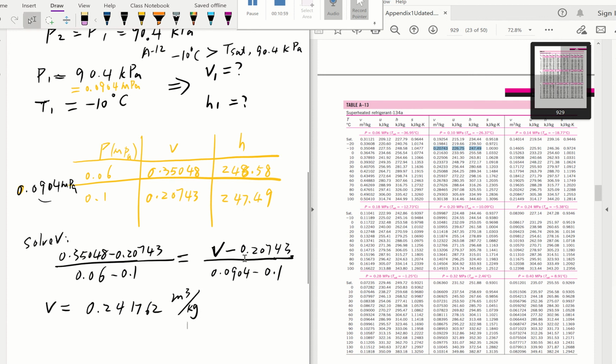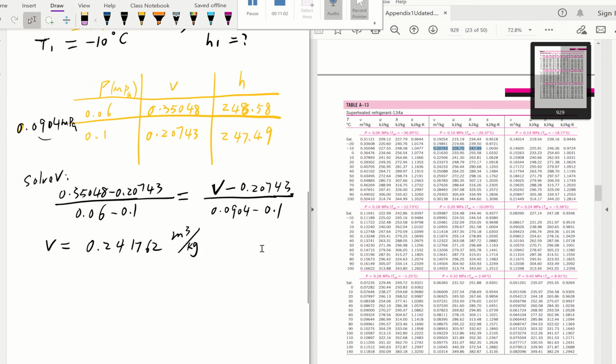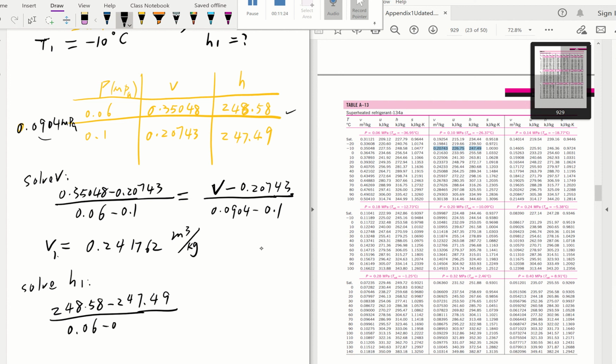Now we're going to use the same thing to figure out our H1. To solve H1, we set up the linear equation as well: 248.58 minus 247.49, over the corresponding pressure 0.06 minus 0.1, and here we're solving for H1 minus 247.49, over the corresponding pressure 0.0904 minus 0.1.